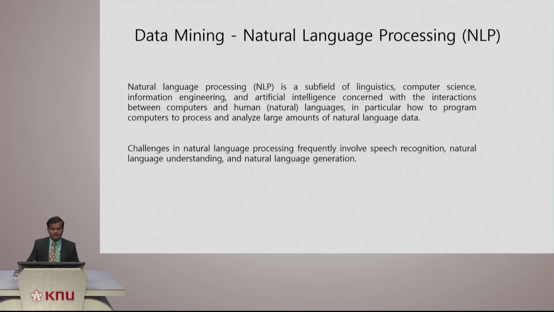We know that natural language processing is used in, say, Google Assistant, Alexa, Siri, and other products like Nugu. These are some of the products where we can see how natural language processing is used, and currently it has also been widely used in chatbots.